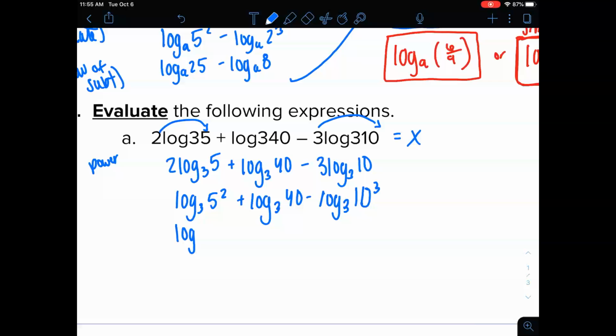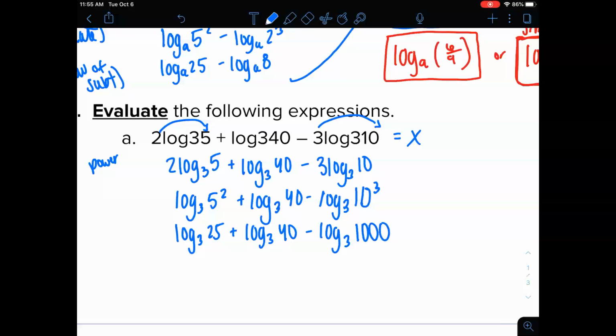So 5 squared turns into 25, plus log base 3 of 40 minus log base 3 of... 10 to the power of 3 turns into 1,000 if we plug that into our calculator.